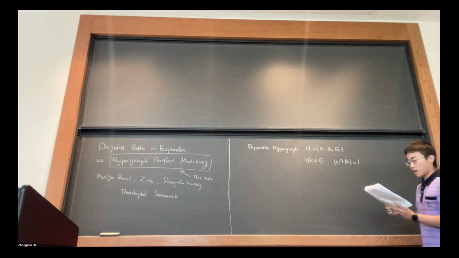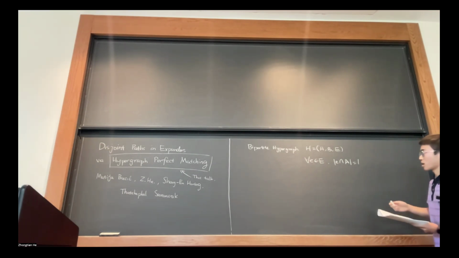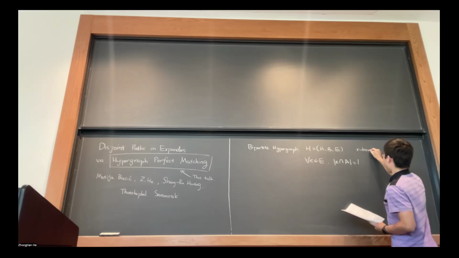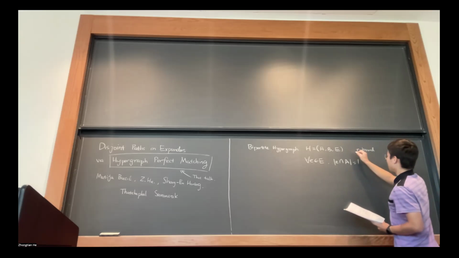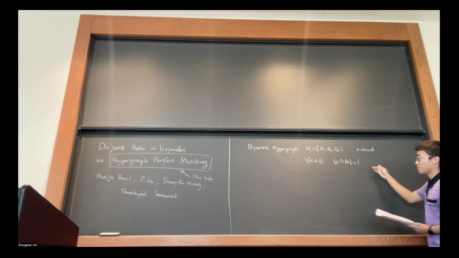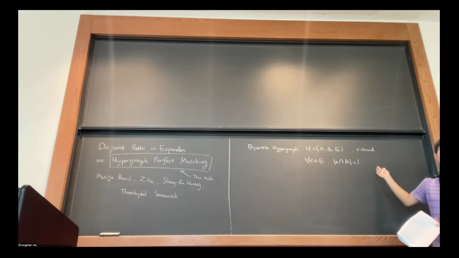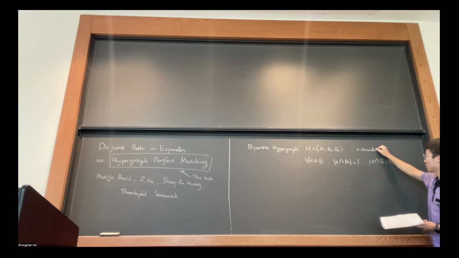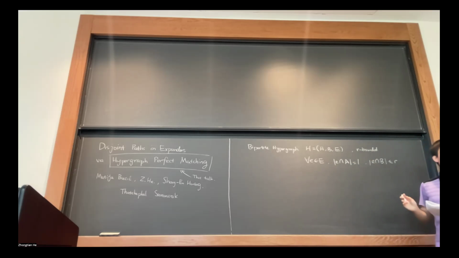And let's say H is r-bounded if the rank of the hyperedge is bounded by r plus 1. Plus 1 means that you have to intersect with A, but when you intersect with B, the size should be at most r. This is called r-bounded. How big are the hyperedges?